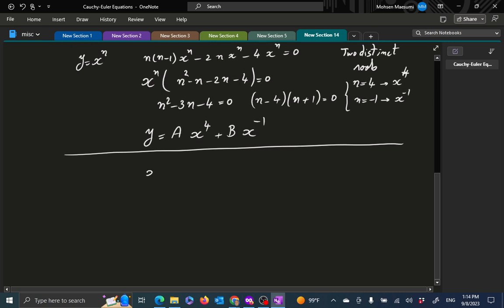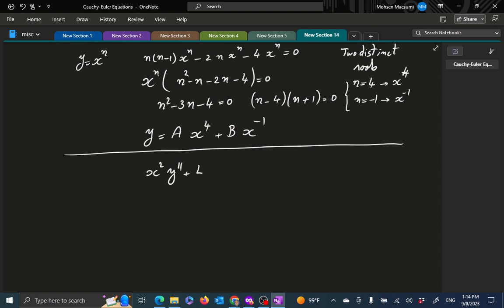Here's another example. Suppose I have x squared y double prime plus, say, 8x y prime plus just plain y equal to 0. So our equation is going to be, as we said before, n times n minus 1 times the coefficient here, plus 8, whatever coefficient I have here, and this is just 1, equal to 0.